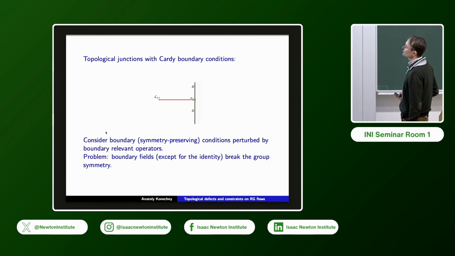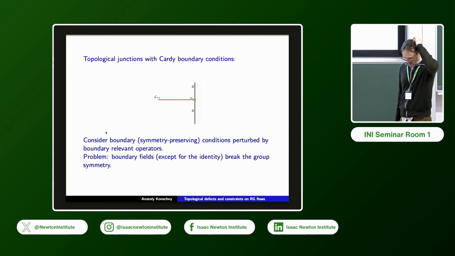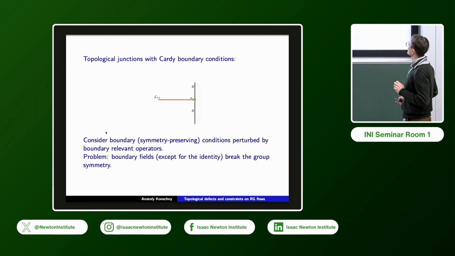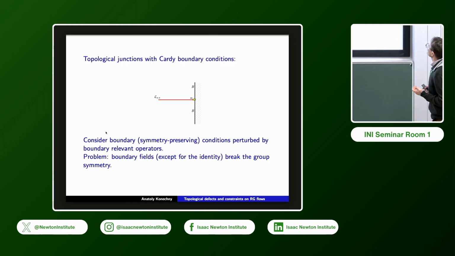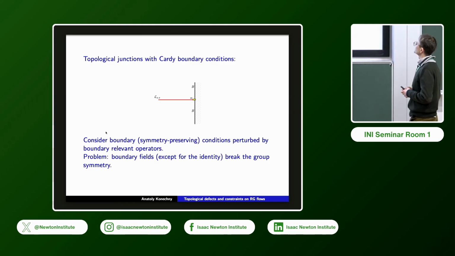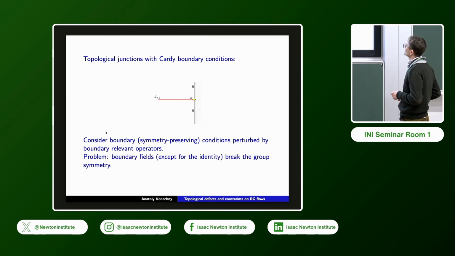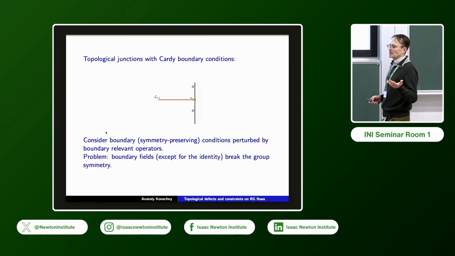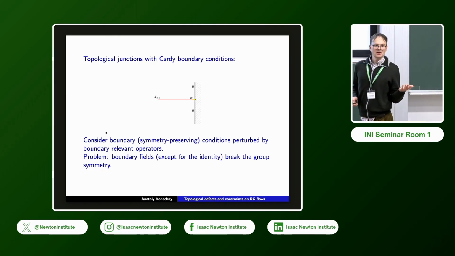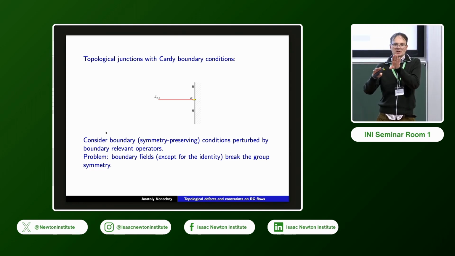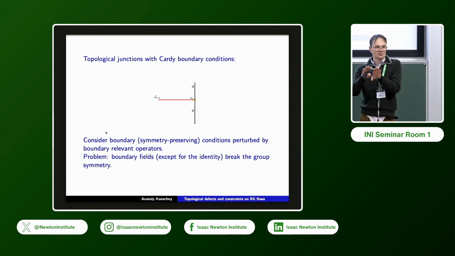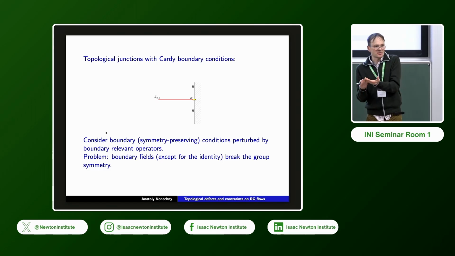And what are they useful for is the following question. If you start in the UV with a symmetry preserving boundary condition, then all of your relevant boundary operators carry some group representation. If we were doing something in the bulk, we could always create a singlet from the left mover and the right mover, and then we would perturb in the bulk by a G-preserving perturbation.